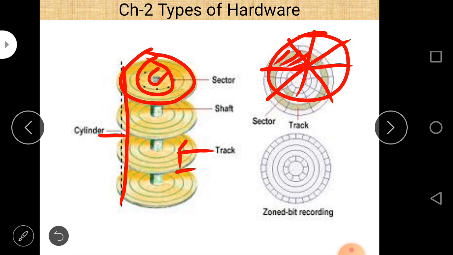So we can see that a sector is the smallest storage unit in a hard disk, and tracks can be divided into sectors. Sectors are basically pie-shaped regions. You can easily see that it is of pie shape, and tracks are concentric circles, and disks are also called platters.